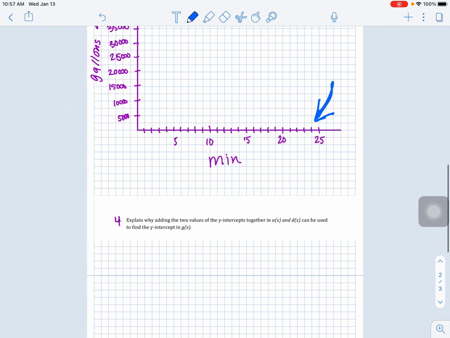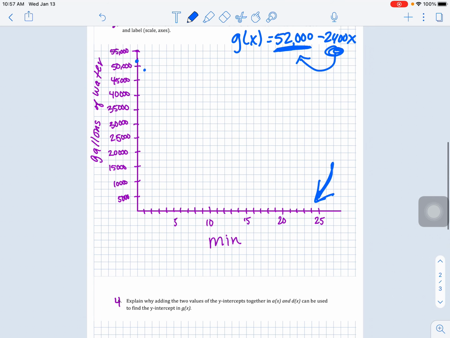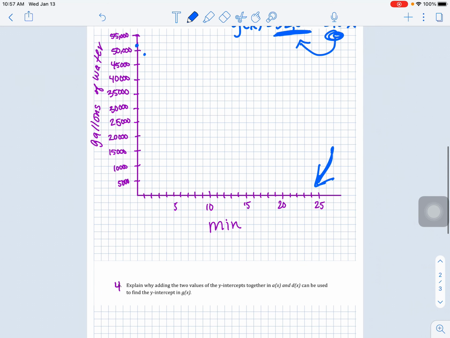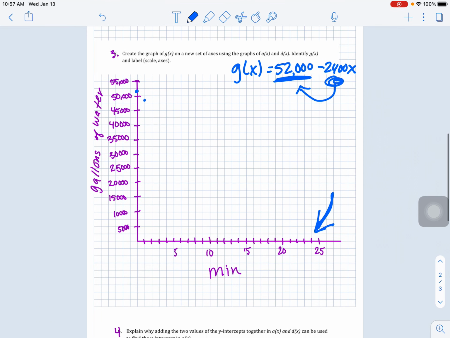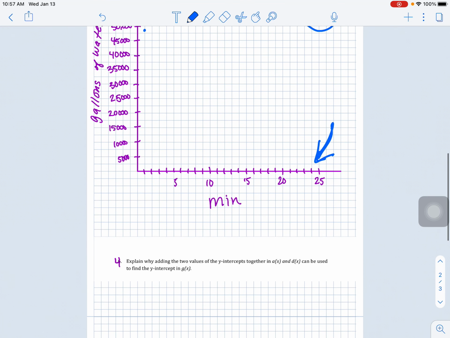Finally, the last question asks: why does it work that if you add Allie's y-intercept and Dane's y-intercept, you get the new y-intercept of the G of x equation? That is a question to talk about and then explain for the last question in the formative today.